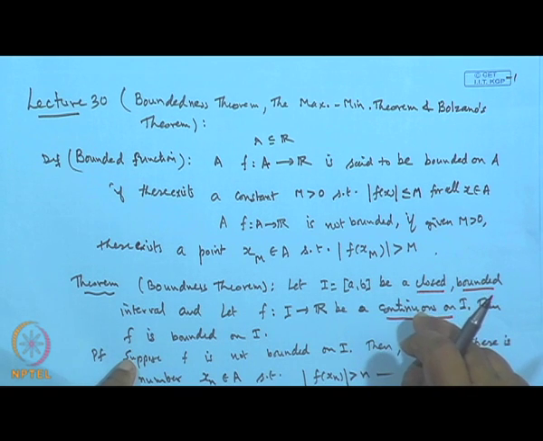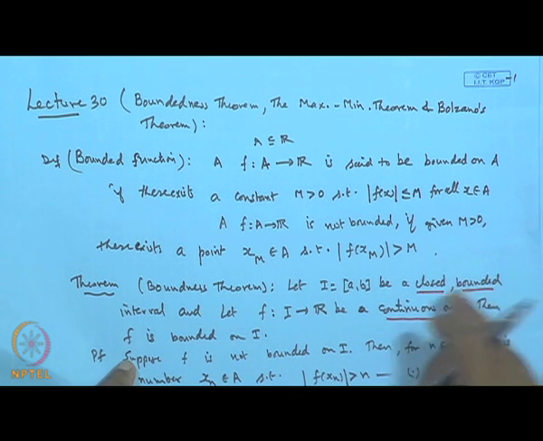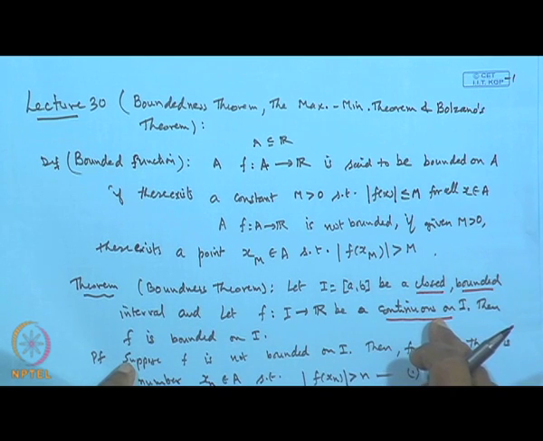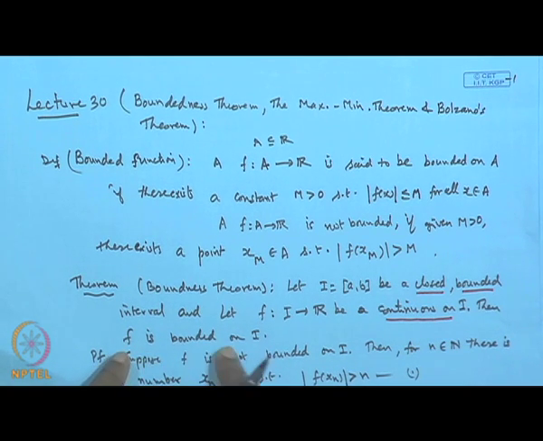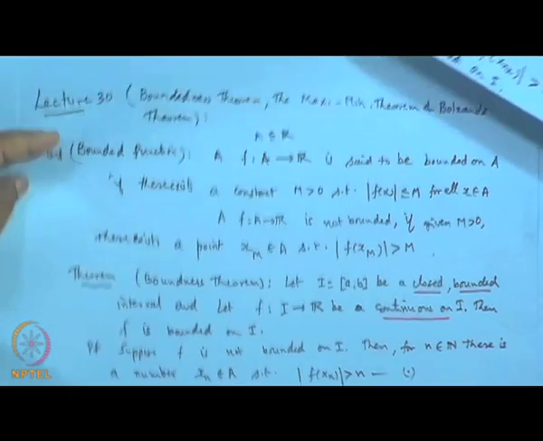If any one of the conditions is relaxed, that is, if we take I to be simply a bounded interval not closed, or simply closed not bounded, or the function is not continuous, then our conclusion that f is bounded on I cannot be drawn. In fact, we will get examples where the function is unbounded when we relax any one of the conditions.